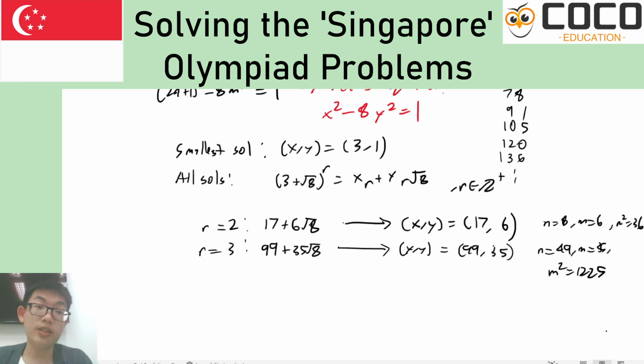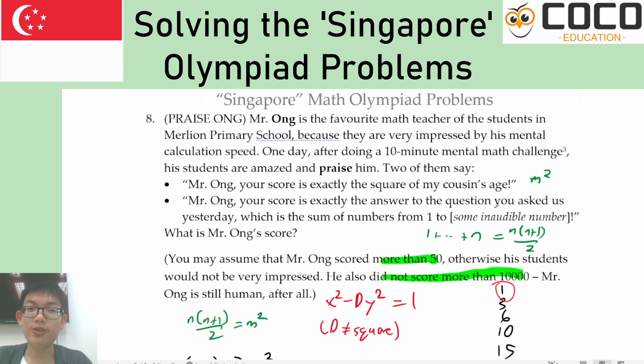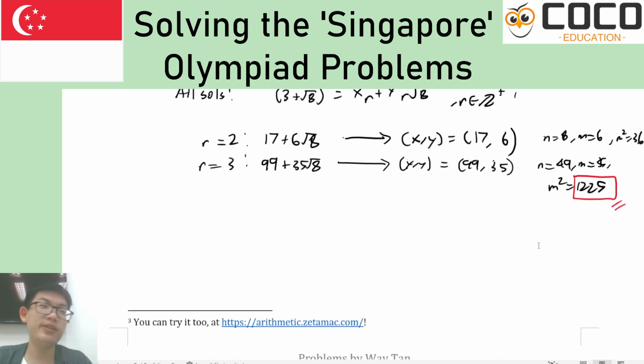This is your next square triangular number, which is going to be your numerical answer. Something which is at least vaguely plausible that you could do in 10 minutes. You got 1225, which means something like 2 per second. That is very fast, but still barely conceivable, right?